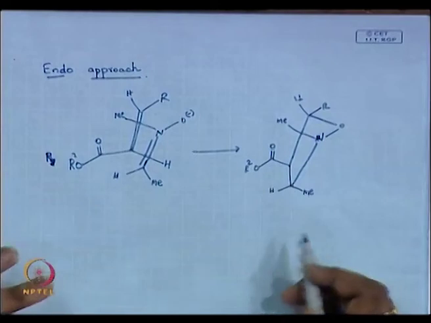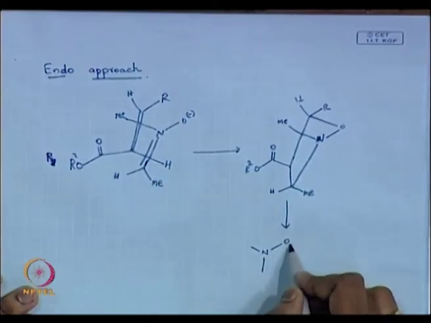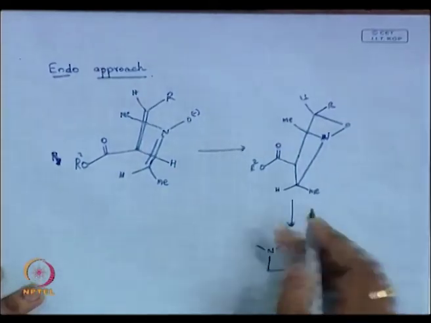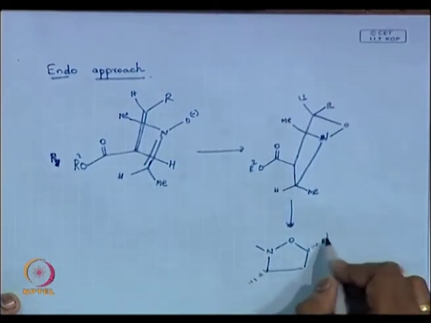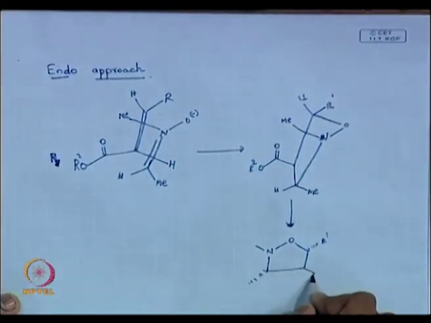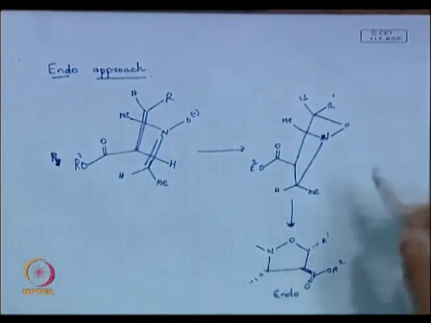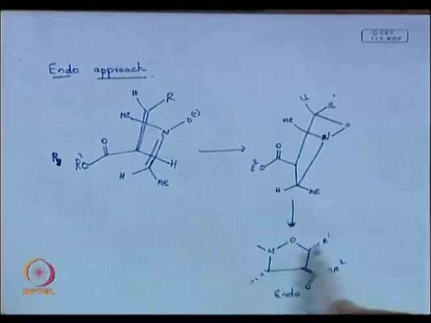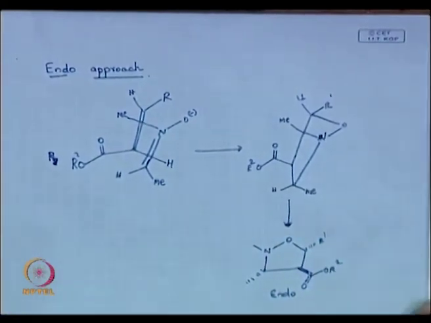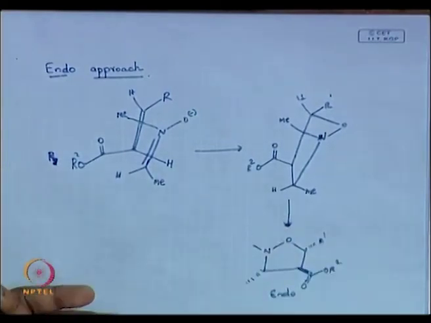If you just open this structure, you will be getting a product. This is your R1 I am talking about. So, you end up with an endo product, where your R1 is away in another plane, and you are talking about this N methyl. Fine. So, you can see that by the endo way this is.